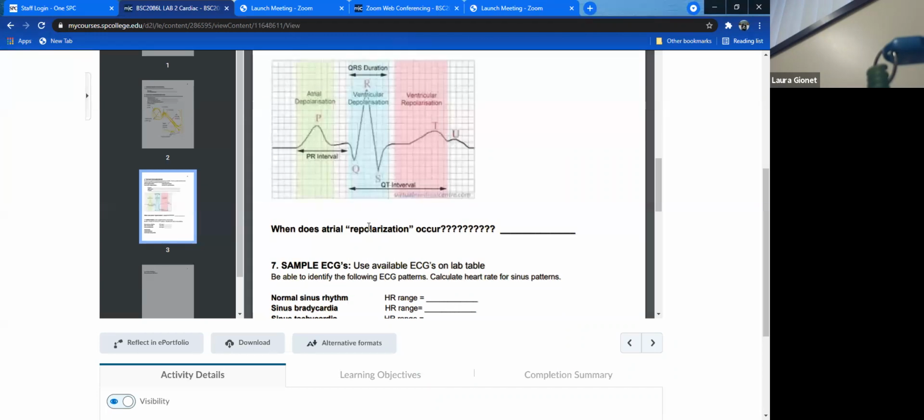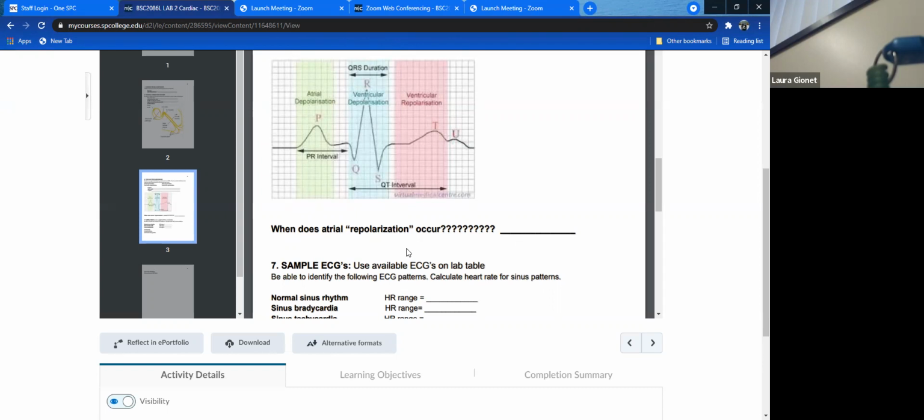So where does atrial repolarization occur? It occurs during the QRS complex. The shape of that QRS is really due to the impulses traveling through the ventricles, because the ventricular walls are very thick, much thicker than the atria. So even though the atria are repolarizing, it's overshadowed by the electrical events of the ventricles.